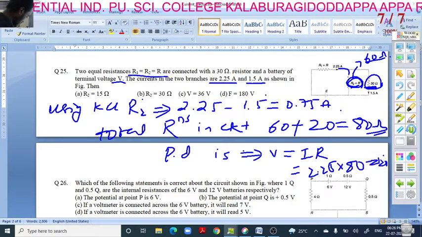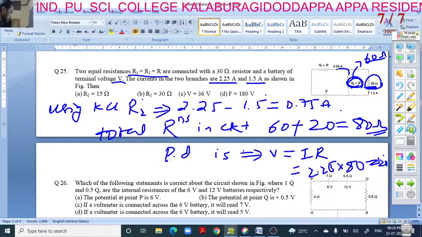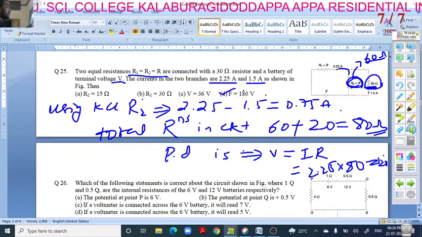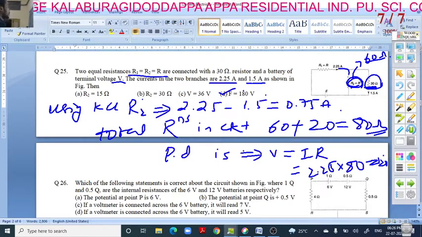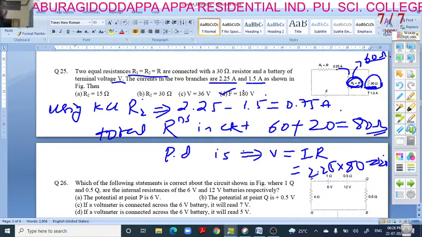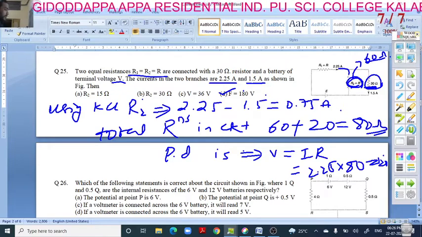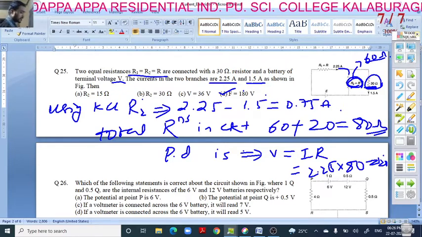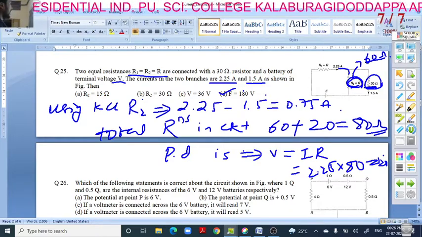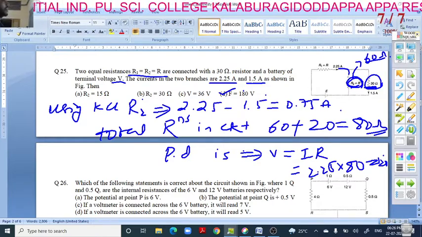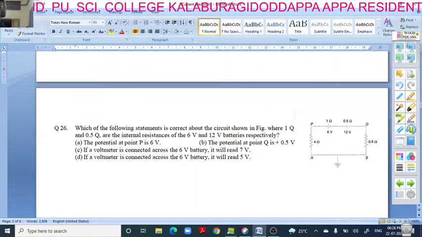Hence our option is the fourth option, right? The potential difference we got here is 180 volt. Next.